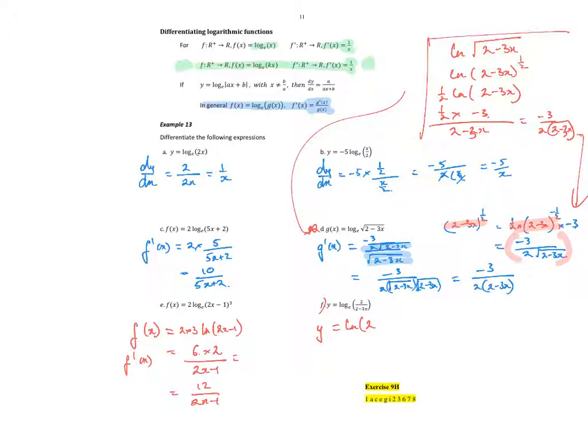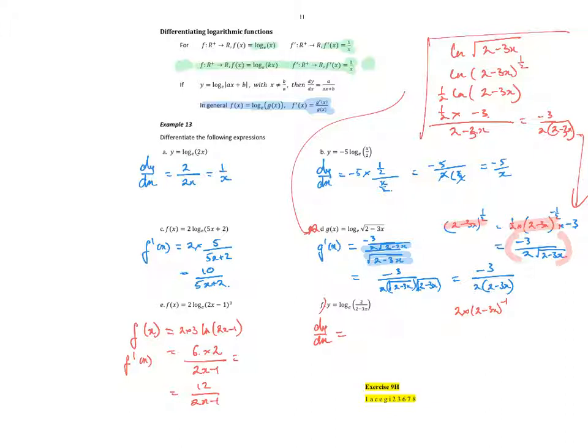So we might just have to leave it as a fraction. So we're just going to need to work out the derivative of 2 times 2 minus 3x to the minus 1.